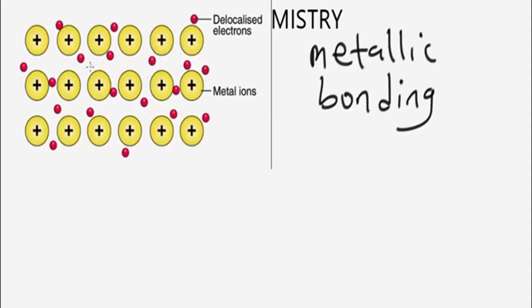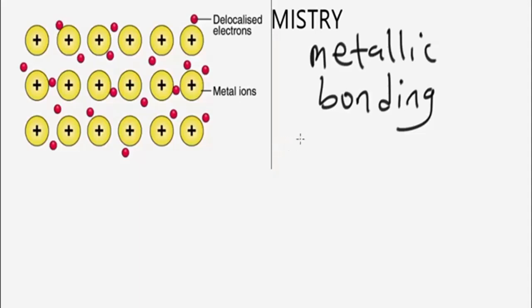As you can see, they are moving freely around, and they are responsible for the properties of metals, which include the ability to conduct heat and electricity, the ability to be malleable, the ability to be ductile, and the rest of them. Metals are solid at room temperature.